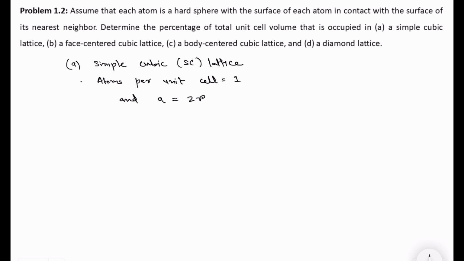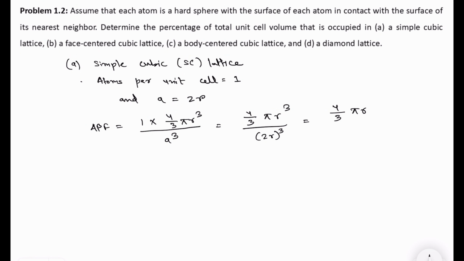Therefore, the APF is equal to 1 times 4/3 πr³ divided by a³, which is equal to 4/3 πr³ divided by (2r)³, which is equal to 4/3 πr³ divided by 8r³.